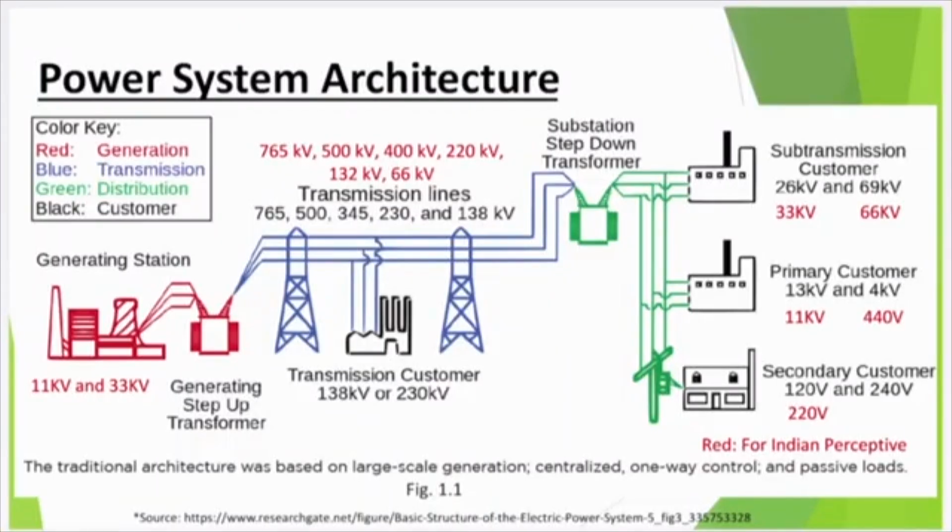Ideally, the sub-transmission customers are almost industrial customers at 33 kV, and the primary customers are small-scale industry or large buildings or academic campuses at 11 kV. And then we have secondary customers like residentials operated at 220 volts, and in North America could be 110 to 120 volts.